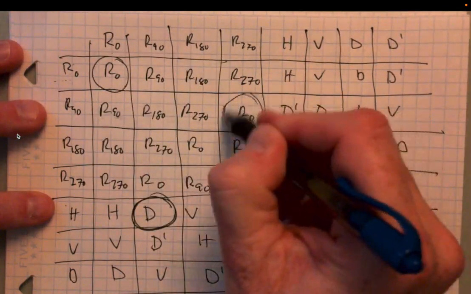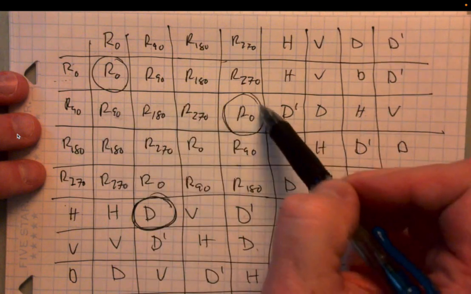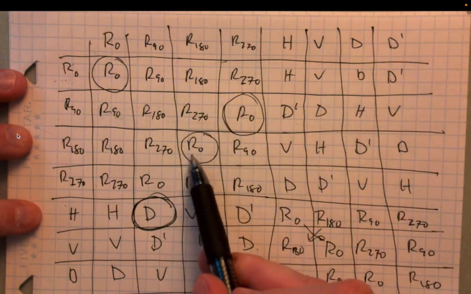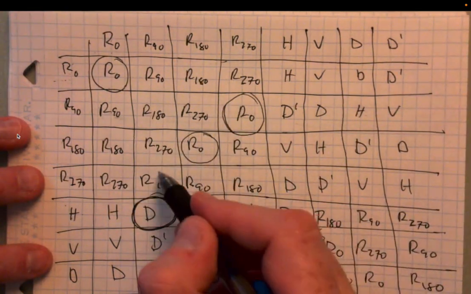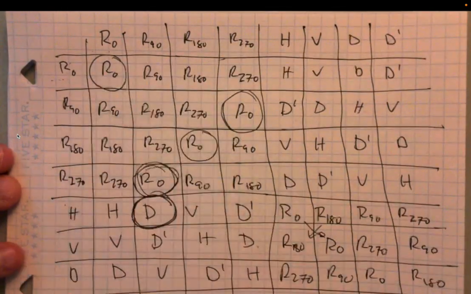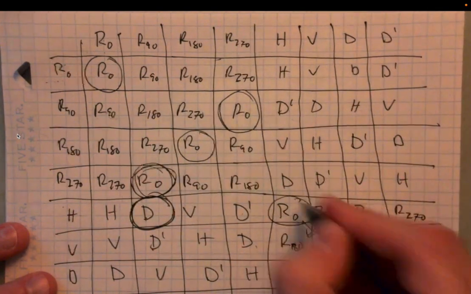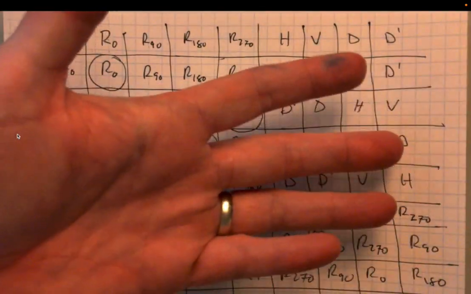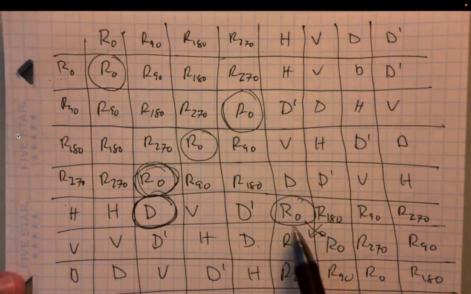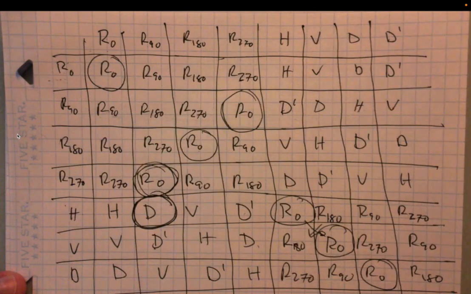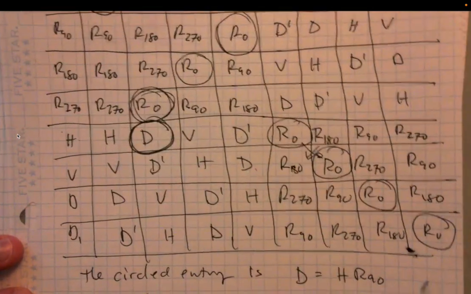An R270 and an R90 produce an R0, as do two R180s. The rotations are obvious, but you also have it with the flips. An H and an H gives you an R0: if you flip it and flip it again, you get back to where you started. Two verticals give you an R0, two diagonals give you an R0, and two off diagonals give you an R0 as well.